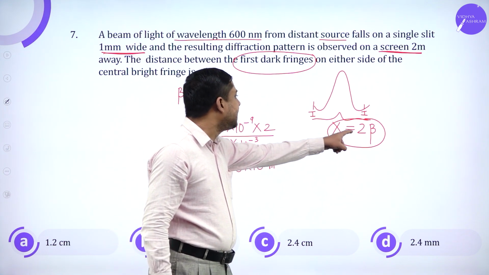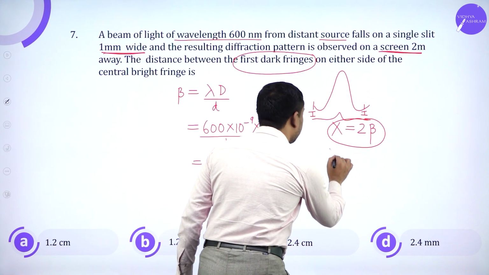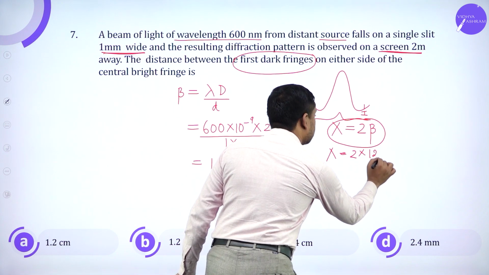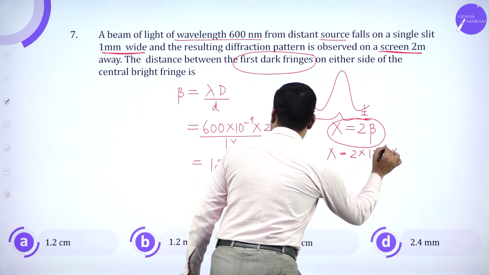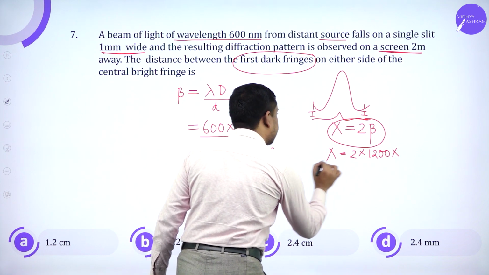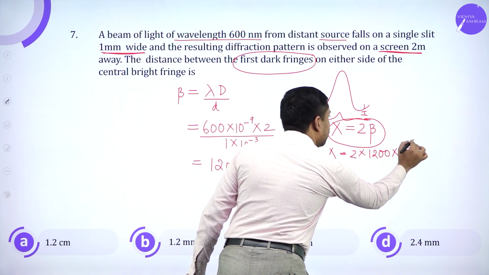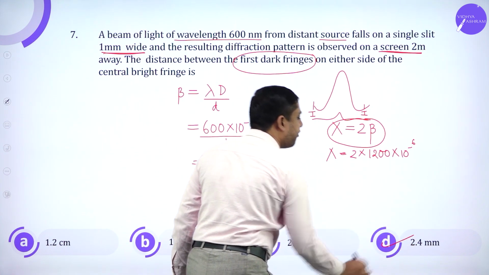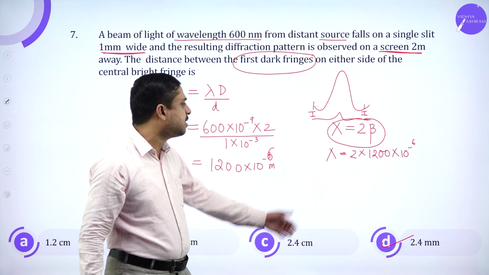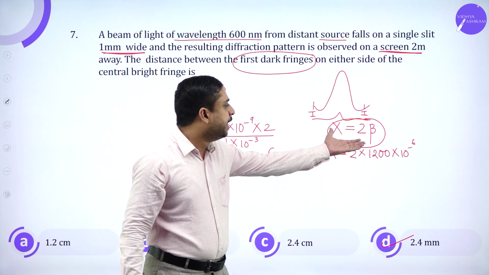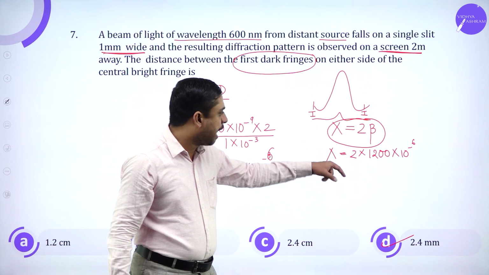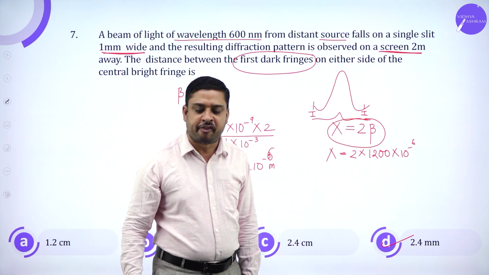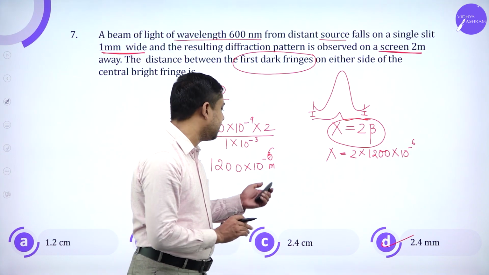Now, X is 2 times beta. So it is 2 into 1200 into 10 power minus 6. So if you simplify, you get 2.4 millimeters as the answer. 2.4 into 10 power minus 3, 2.4 millimeter is the answer.